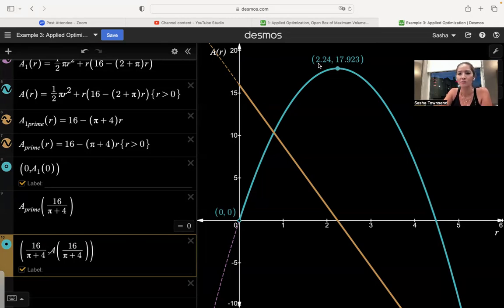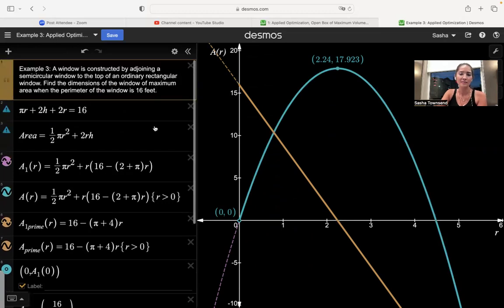And that occurs when our radius is approximately 2.24 or exactly 16 divided by pi plus 4. So 2.24 feet is our r value. And after we substitute that into our equation for h, it turns out we get the exact same value for h. So h also has to be 2.24. And that leads to a maximum.